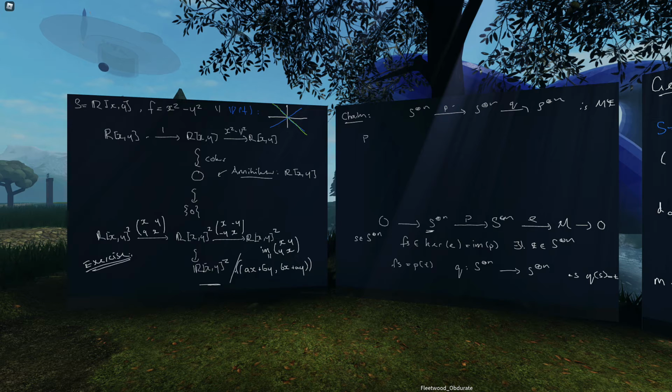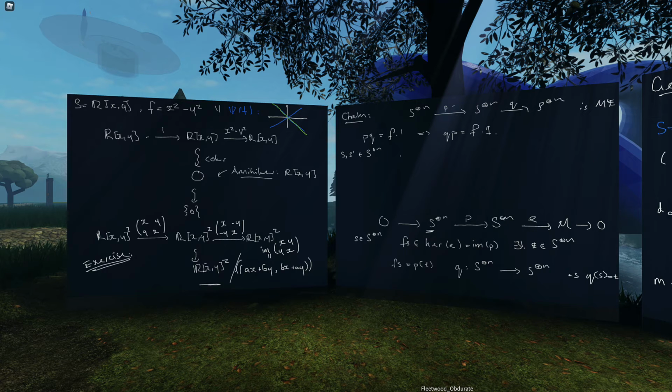By construction, we've got PQ is equal to F times the identity. Then using the fact that P is a monomorphism, this also implies that QP is equal to F times the identity. It remains to show that Q is actually an S-linear map. We can take s and s' in S^n.